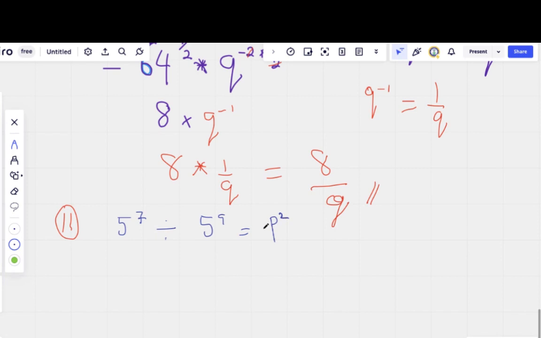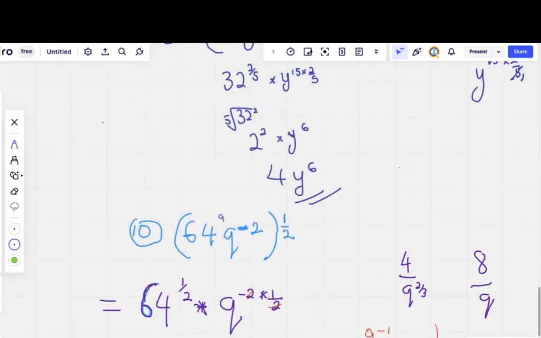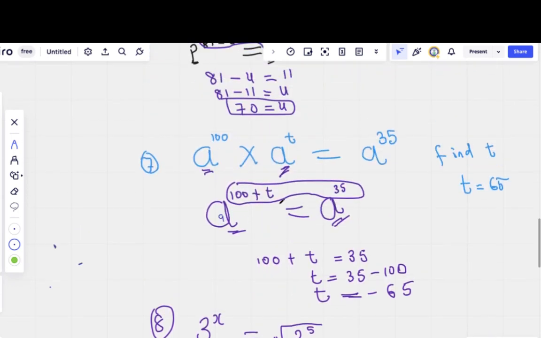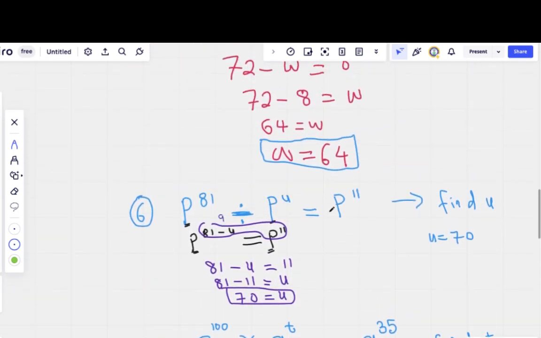This one is a bit different. You know why? Because the base will not be the same. Here, we used to have the same base, 5 here, 5 here. If I scroll up, you see the one we did that has the same thing, all the bases were the same.